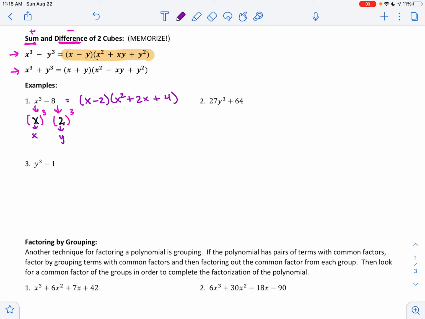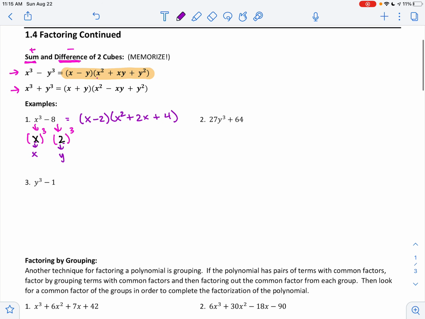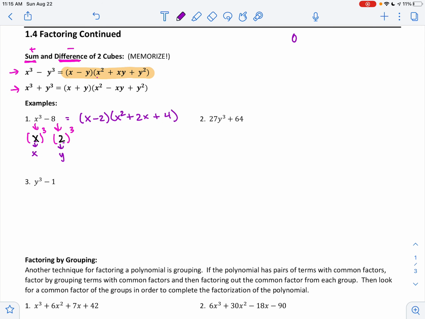Once you factor using the rule, you want to make sure that you have factored completely. x minus 2 is linear. Remember back in Algebra 1, you learned that if the highest exponent of the variable is 0, then you have a constant. If your highest exponent of a variable is 1, then it's linear.